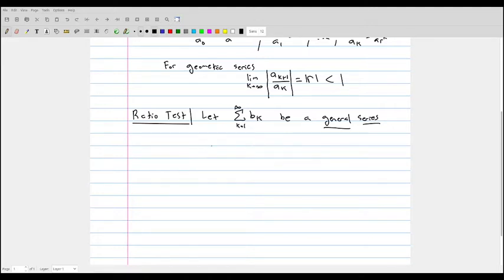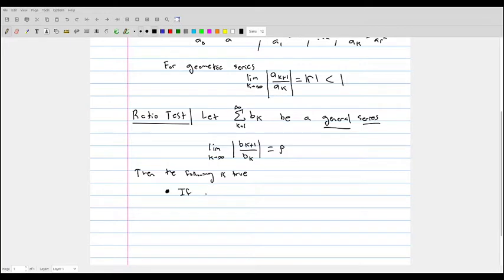And consider the following limit: the limit as k goes to infinity of the ratio of the k plus first term in the series to the kth term in the series. We'll call this rho for short. So if this is true, then the following is true. This is the statement of the ratio test.